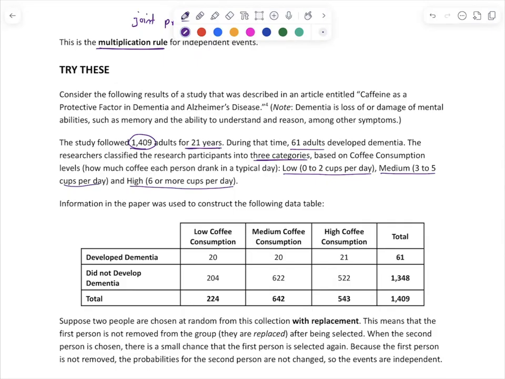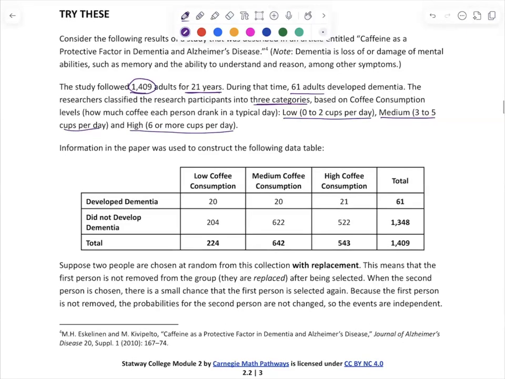So take a look at this. This is the table of these categories. The number of people who took low caffeine is 224, but 20 of them developed dementia and 204 did not develop dementia.